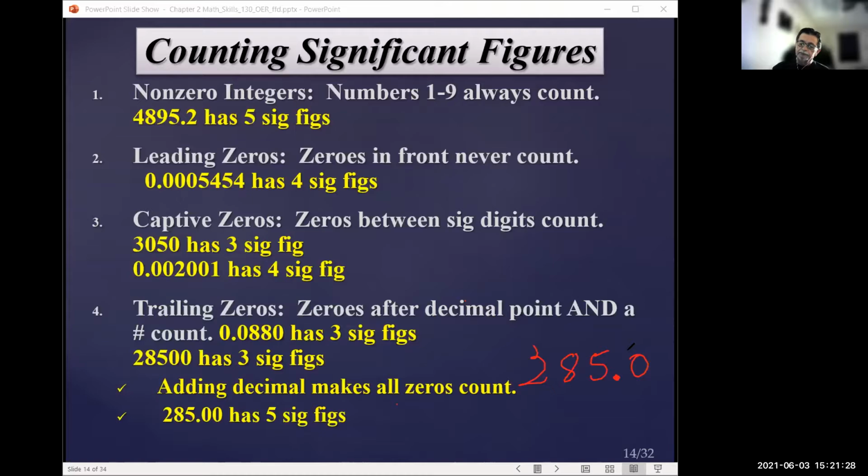How many now? 4. In fact, the better example would have been 2850. Everybody agreed that 2,850 has 3 sig figs. The moment I stick a decimal point in there, bam, now I have 5 sig figs. So that decimal point does play an important role here with respect to zeros.